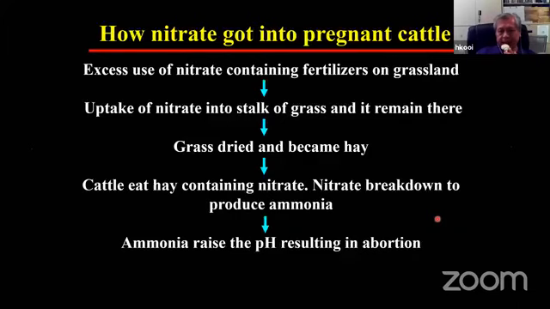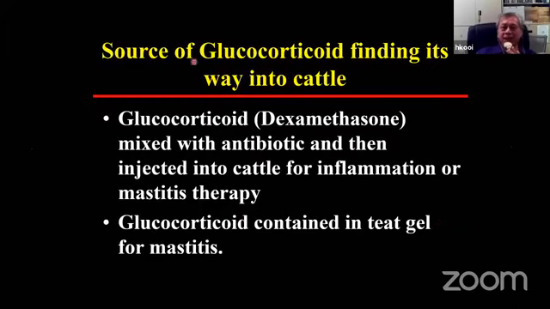And the next thing is, where does this glucocorticoid come from? Well, my experience with the farmers in Taiwan is that some of those salesmen who went to the farm belong to a pharmaceutical company, and they sell the farmers antibiotics.